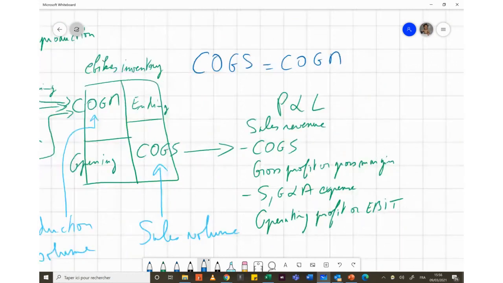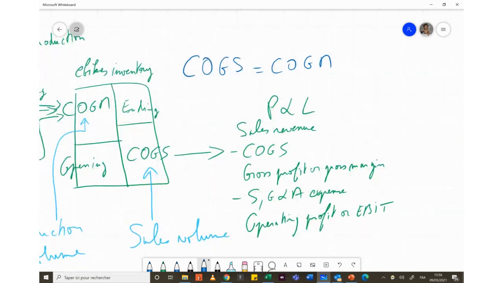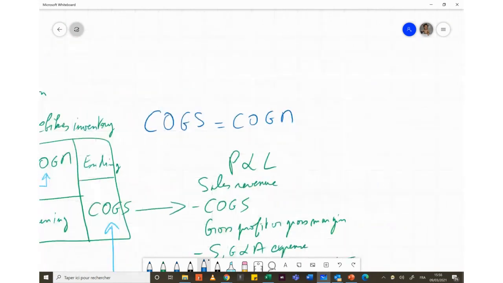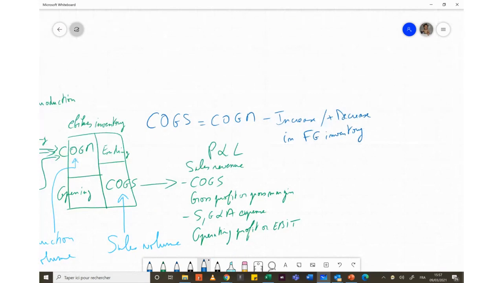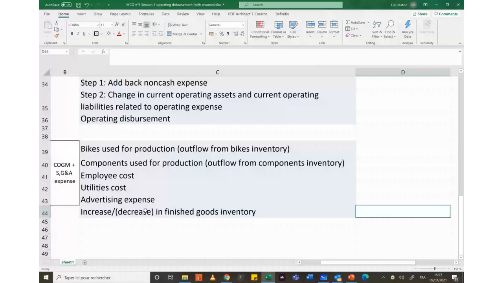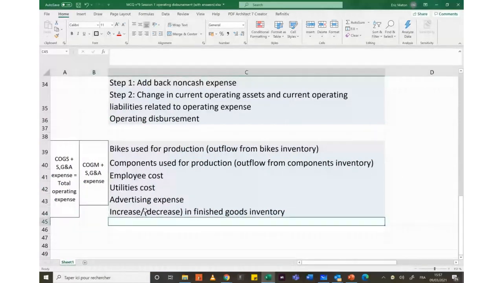So the production cost of what I sell is equal to the production cost of what I manufacture during the period, minus the increase or plus the decrease in finished goods inventory. So here, e-bike inventory. Okay. So it's why I use the minus increase in finished goods inventory in order to transform the equivalent of the cost of goods manufactured into the cost of goods sold. And now I have the total operating expense.